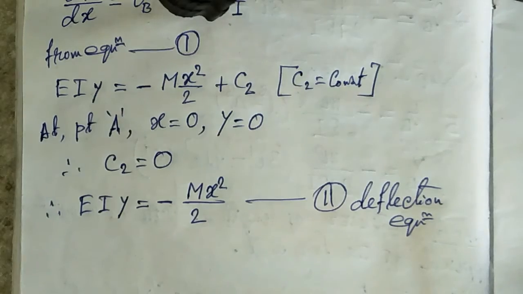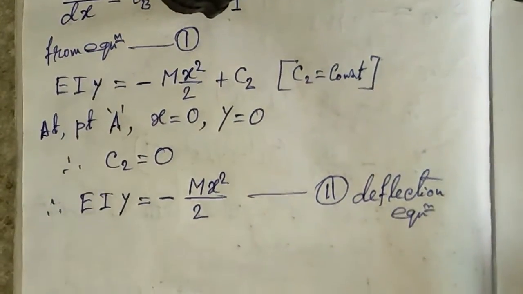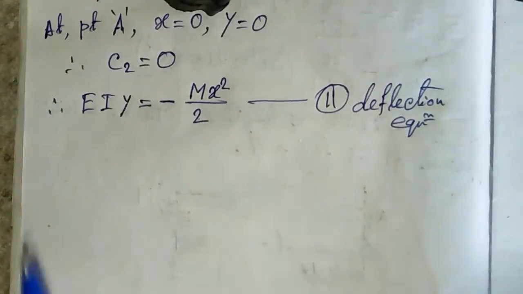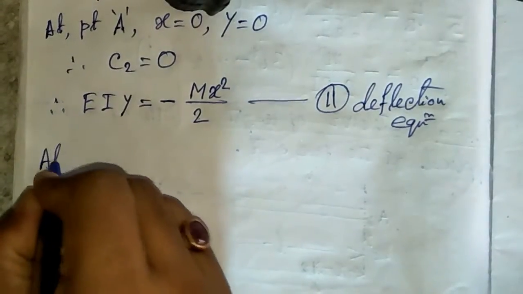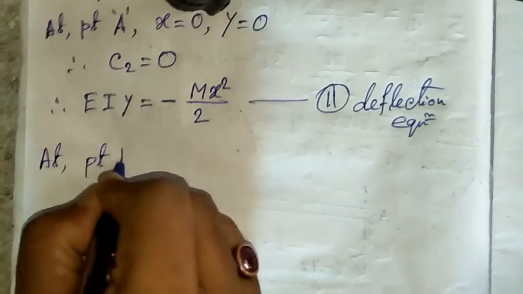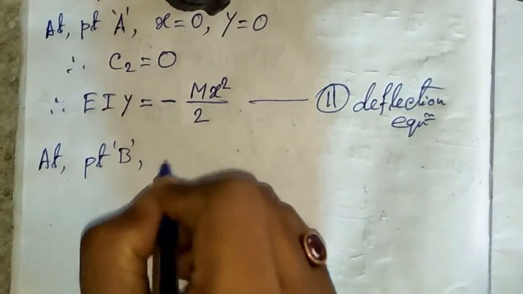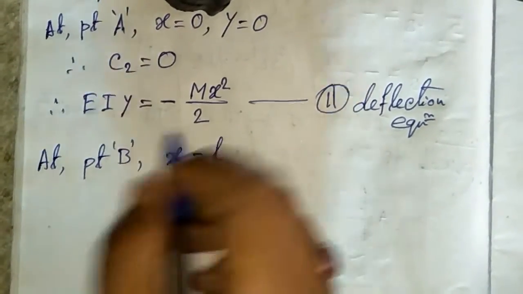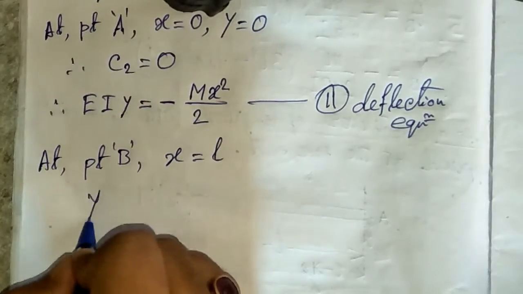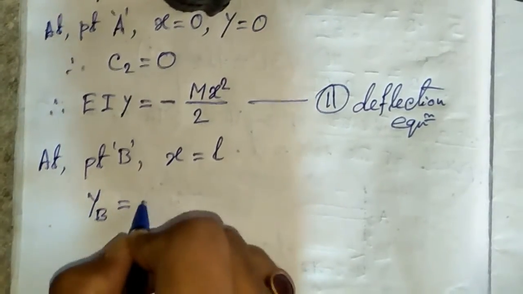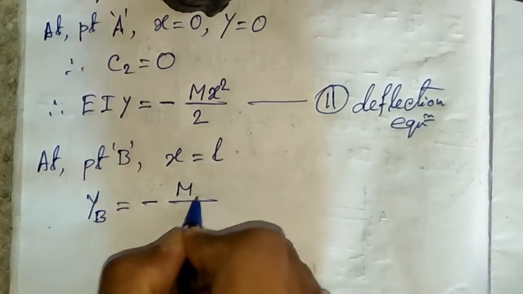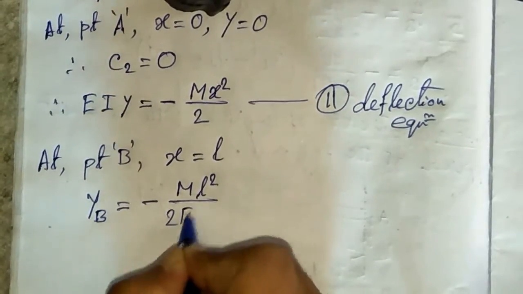Now at point B, the x value is L. So we can write Y_B equals minus M L square by 2 EI.